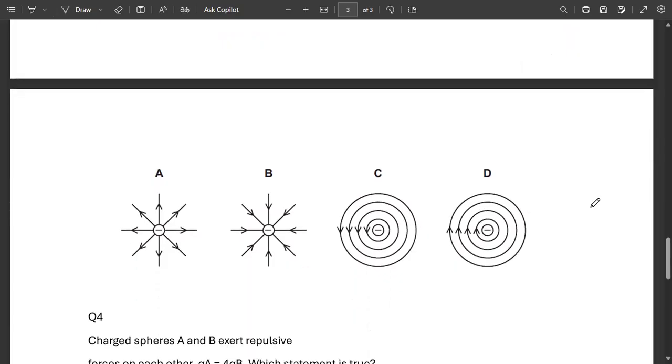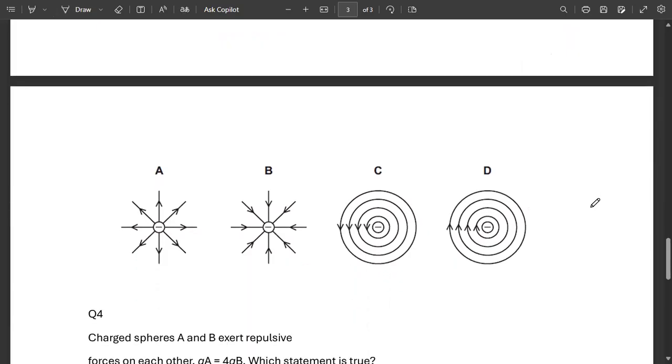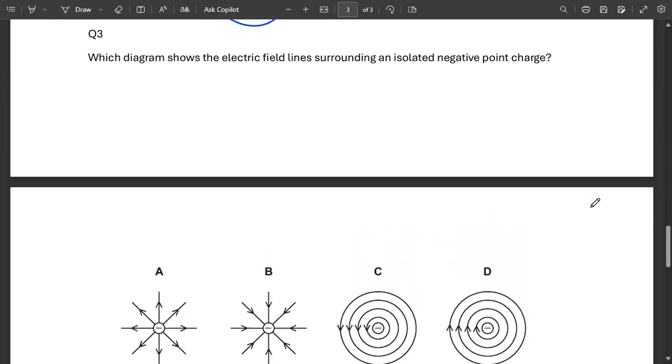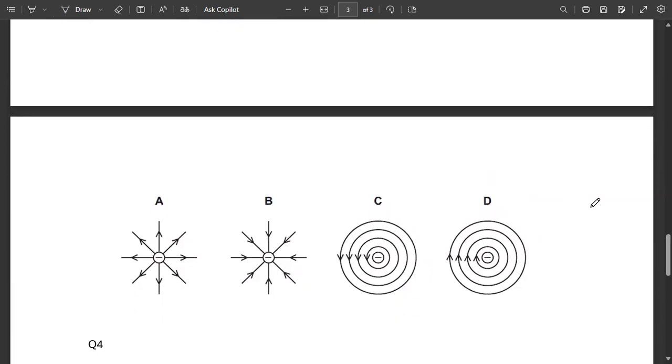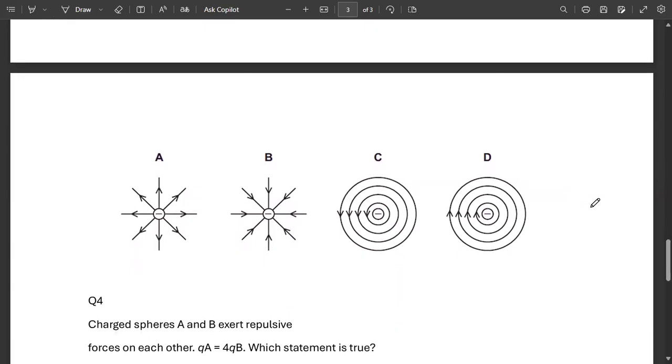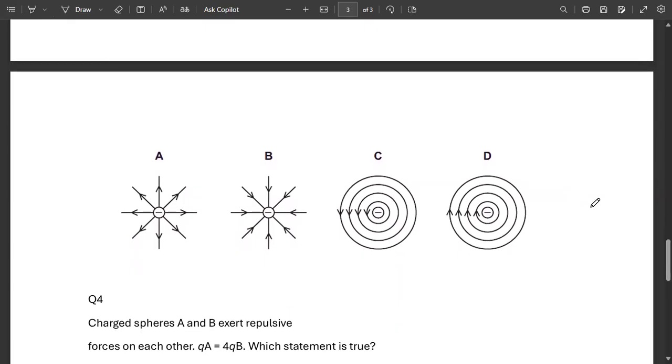Okay, so we have these diagrams here, and they want us to show which one is the correct orientation of the electric field lines that are going to be surrounding a negative point charge. So what must we know here? We know that the electric field lines are always directed towards a negative charge. And what does that mean?